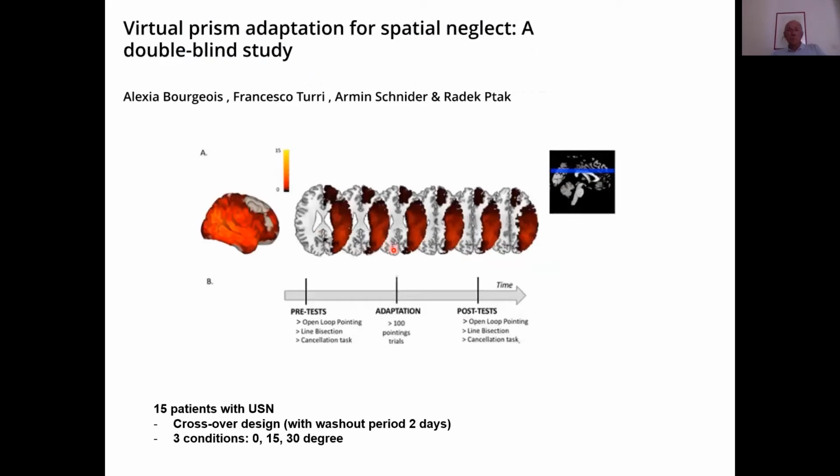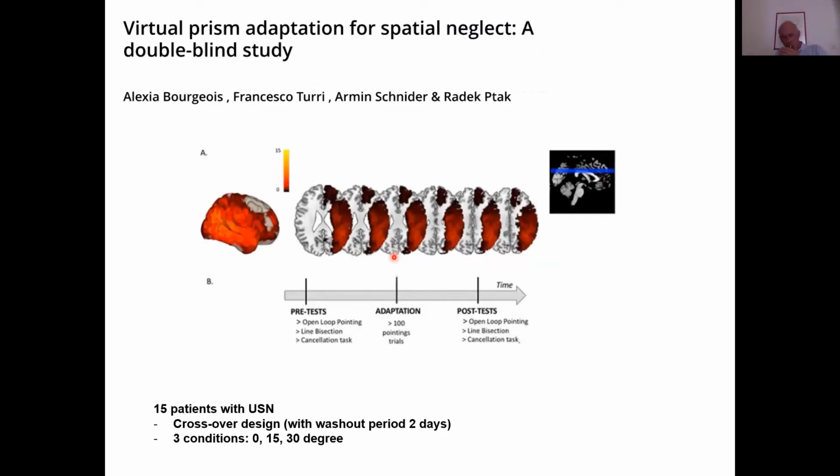And in this study, the authors also use virtual prism adaptation therapy, but the target population was stroke patients with a specific impairment, which is unilateral spatial neglect. So this target population is very specific, disease specific and impairment specific. So it's a phase 2 trial, maybe.